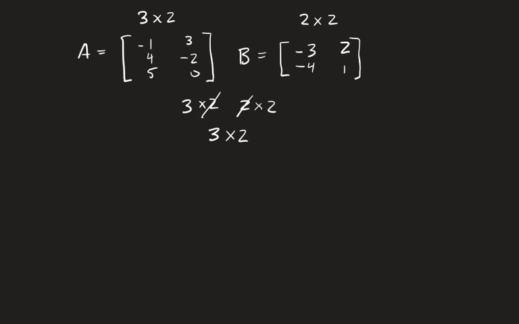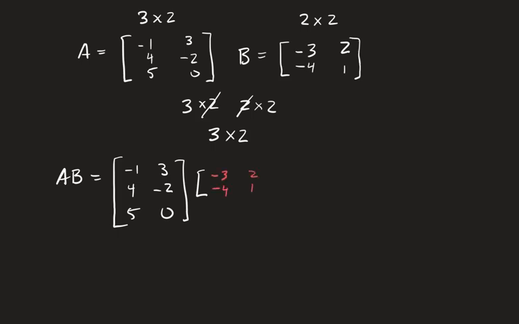So for a problem like this, if I tell you to multiply A and B, what you're going to do is -2, 4, 5, 3, -2, 0. And then we have, let's use a different color, -3, -4, 2, and 1.